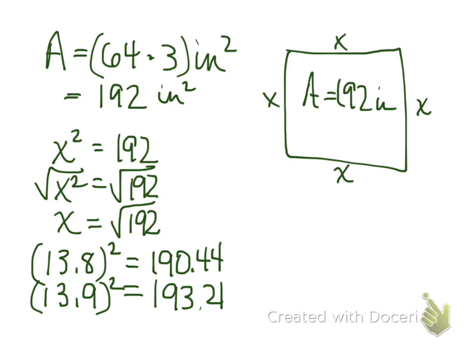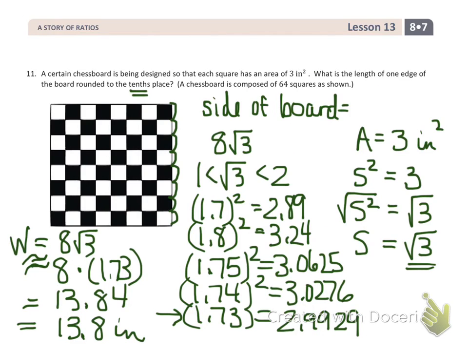So we could say that the side length x is approximately, with using this method, we're going to round up to 13.9, and those are inches. Using the other method, we're going to leave it at 13.8 inches.